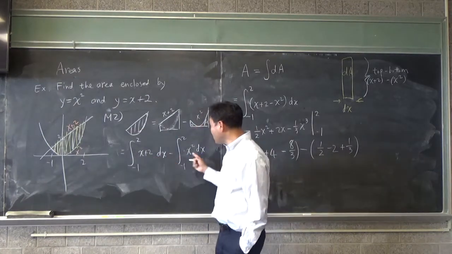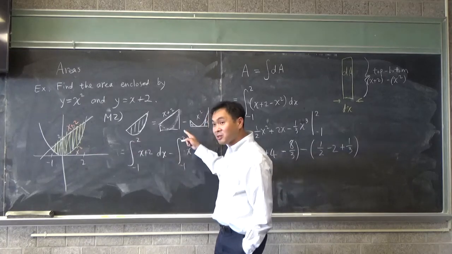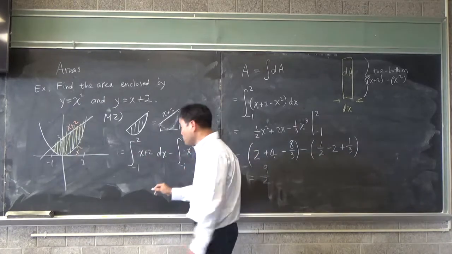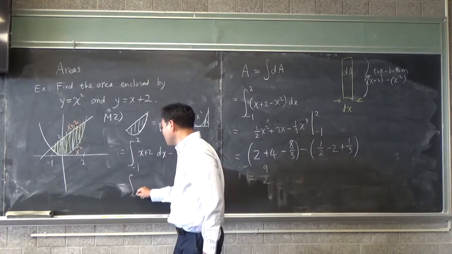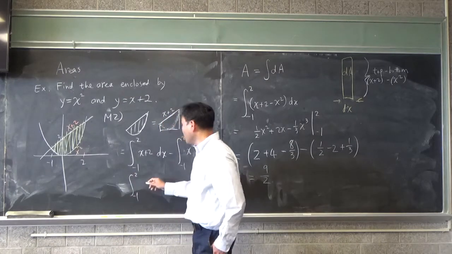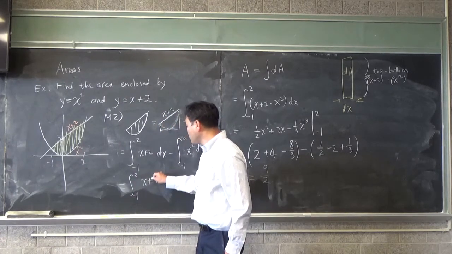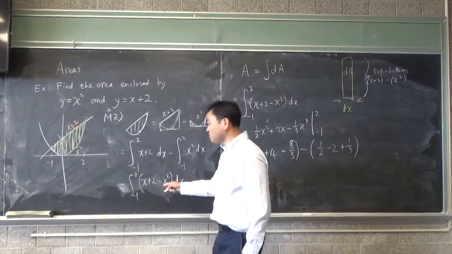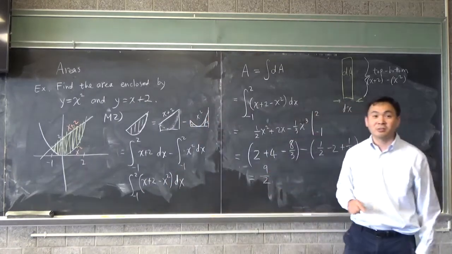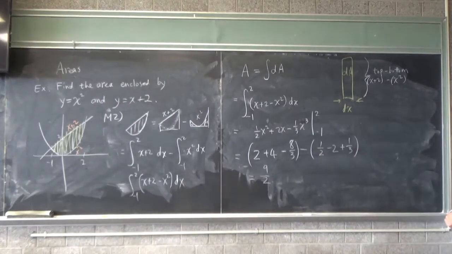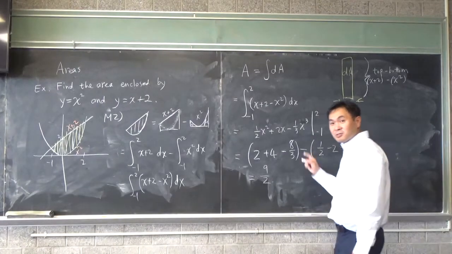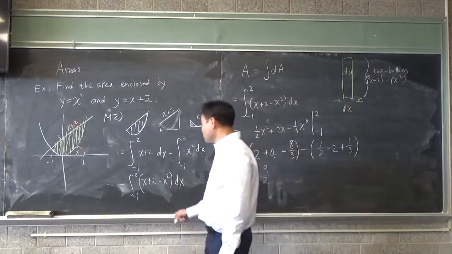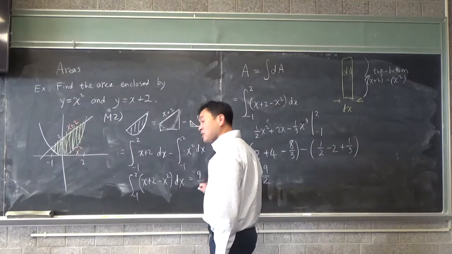But now look at this. They have the same interval, right? So you can actually combine this into a single integral, which is the integral from -1 to 2 of x plus 2 minus x squared dx. And what do you know? This is exactly the integral that we did here. It's the same thing, isn't it? It's the exact same integral. So, of course, it's going to, again, give you 9 over 2.